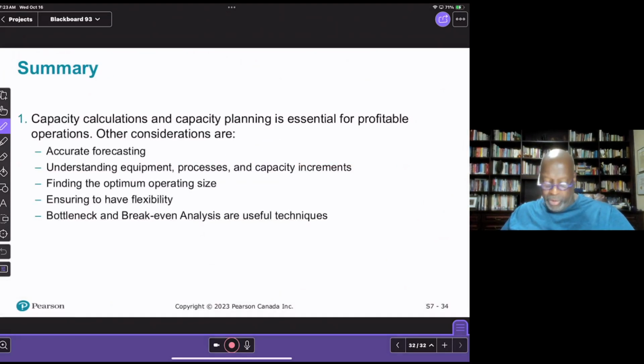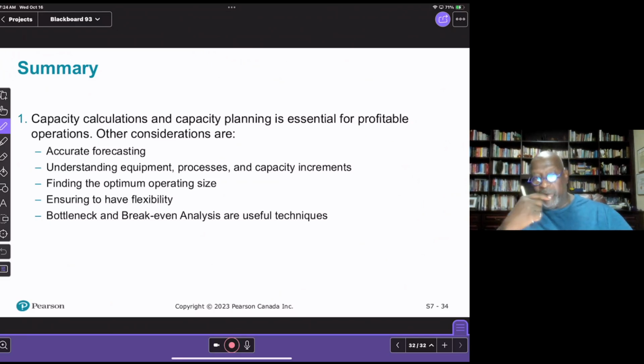All right. So to summarize, capacity calculations and capacity planning are essential for profitable operations, but let's not say profit only, but also for efficient operations, because for not-for-profits we're not focusing only on the financial benefit.